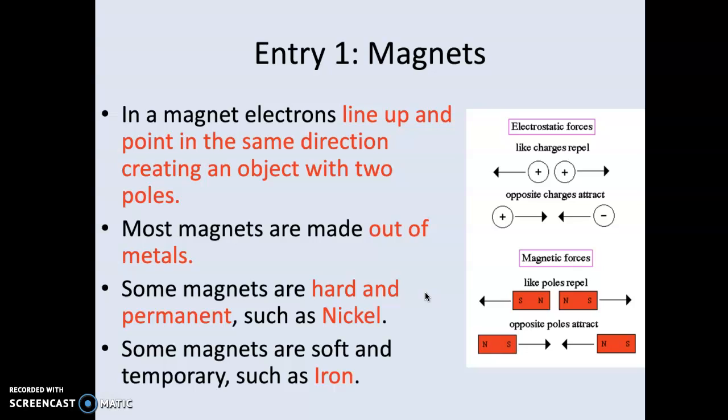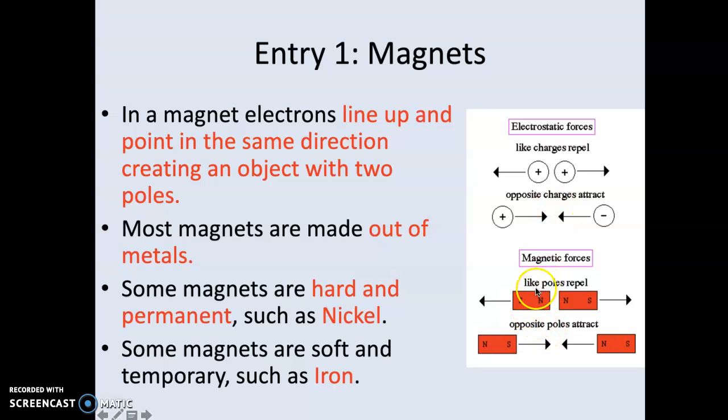So this will connect a little bit here, because when we're talking about magnets, they are a type of electrostatic force. And that's what we mean here. Electro meaning like electric, right? So like charges repel, positives push away, opposite charges attract. Magnets are essentially objects that create electrostatic force.